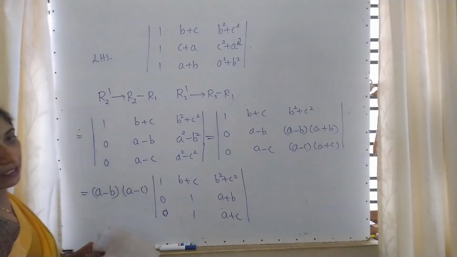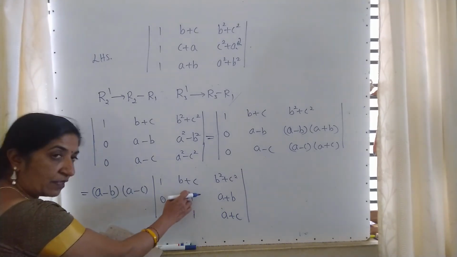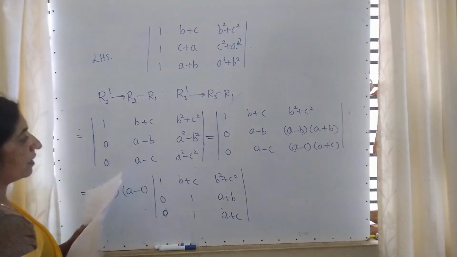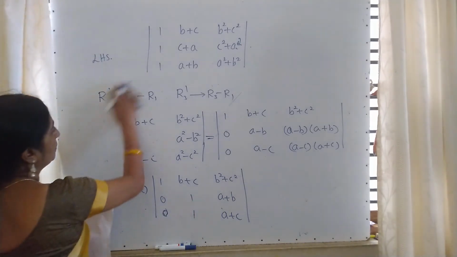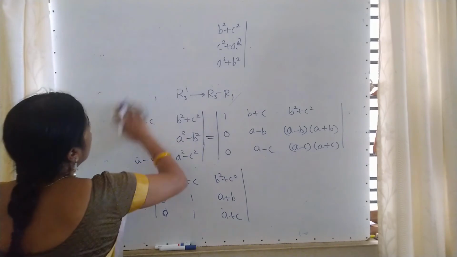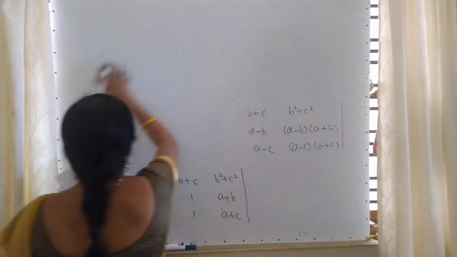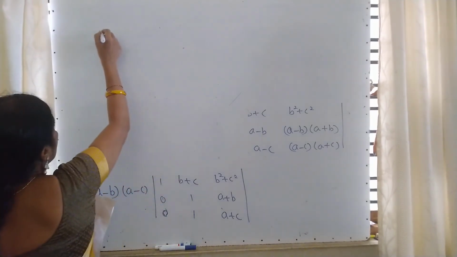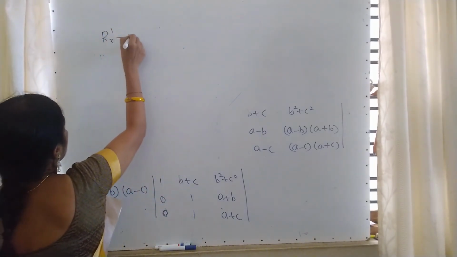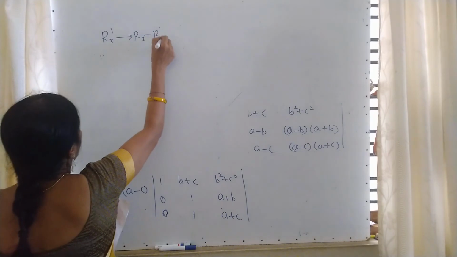How are you writing it? R3 minus R2, because this one and this one. R3 minus R2. R3 dash as R3 minus R2.